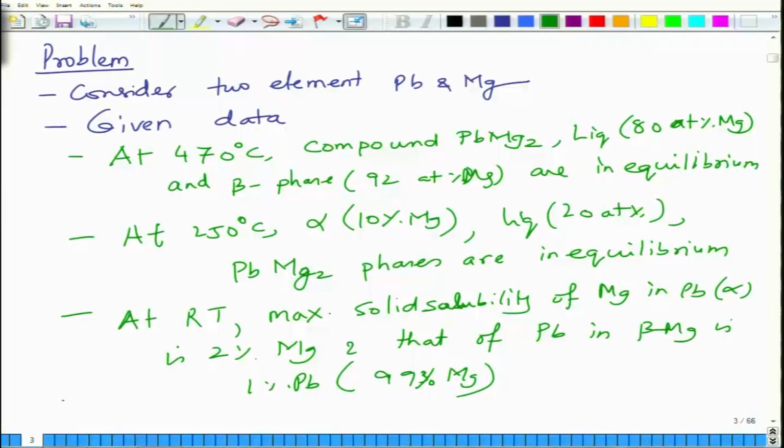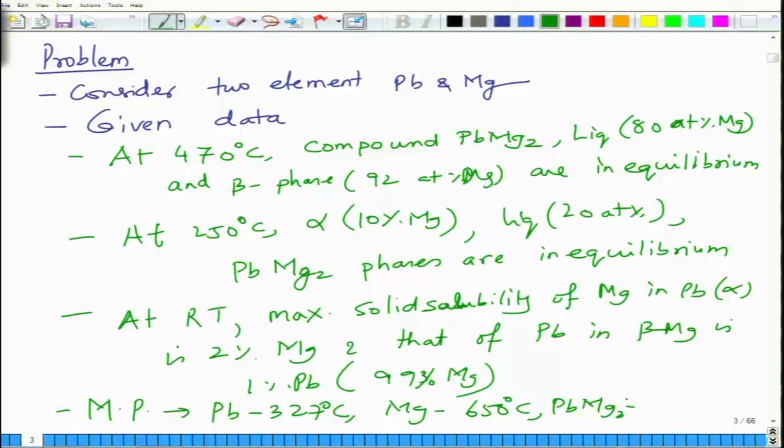And then another data point that is given is the melting point of lead is 327 degrees centigrade, melting point of magnesium is 650 degrees centigrade, and PbMg2 has a melting point which is 550 degrees centigrade.